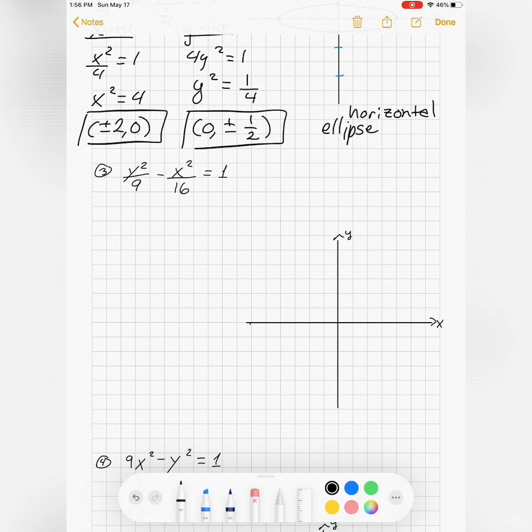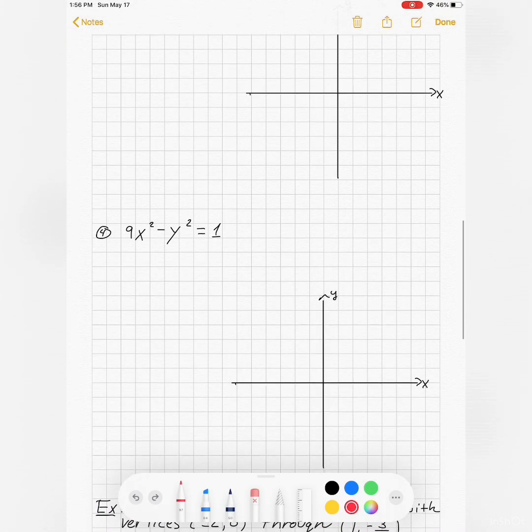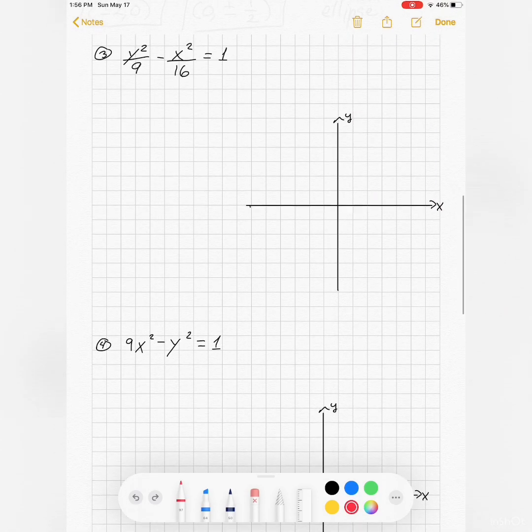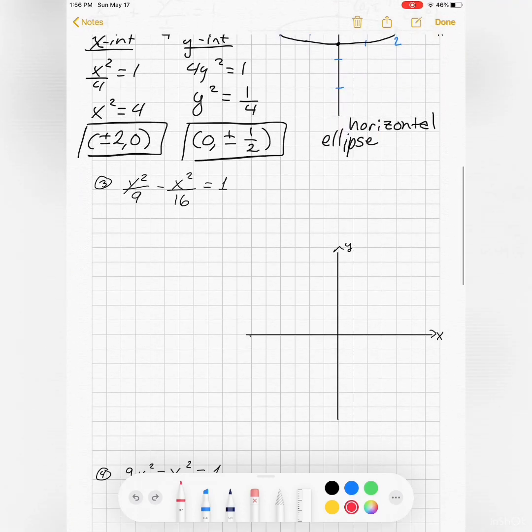Okay, so I notice a difference right away here. You see how I have a minus? So this is actually the other shape. So when I have the negative there, this is no longer, where do I want to put this? I guess I can put it here. This is no longer an ellipse. This guy's called a hyperbola.